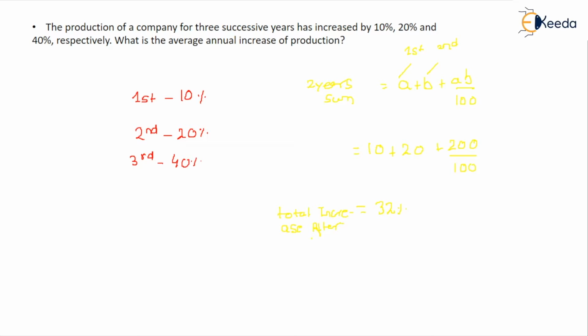Now you have to find out for the third year, combined. So the first 2 years you have found, so now this becomes A, and this third year one becomes B. So now the same formula you have to apply, that is A plus B plus AB by 100.